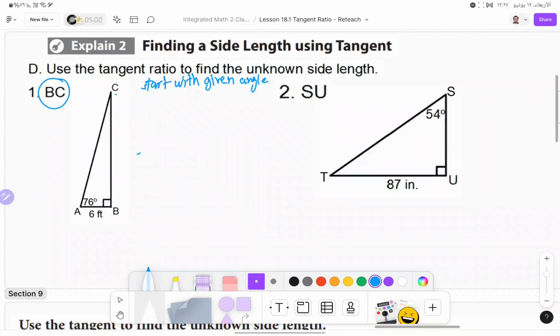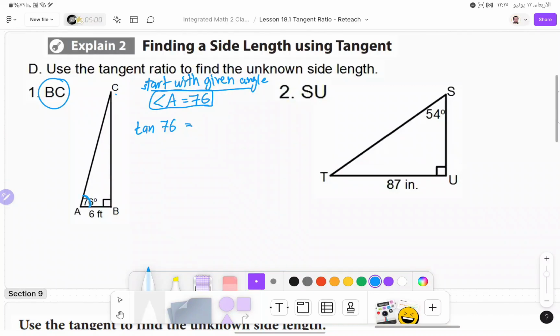If you look at the question here, which angle is given? Angle A is given, which is equal to 76. Now use the tan of this angle. Let's start. So tan of 76 equals, now write the ratio.